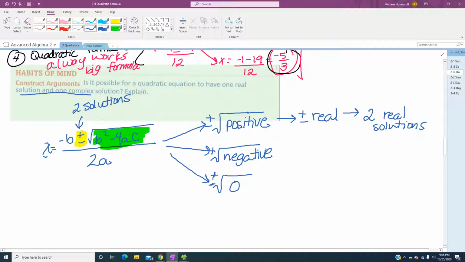Now, if I take the square root of a negative number, I'm going to get an imaginary number. And then I'll have the plus or minus that gets brought out in front, plus or minus an imaginary number. And if you have something plus or minus an imaginary number, that means you'll have a complex. So that's two imaginary solutions, but then if we add them to real numbers, this is going to lead me to two complex solutions.